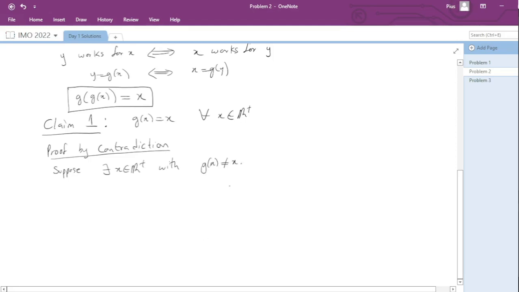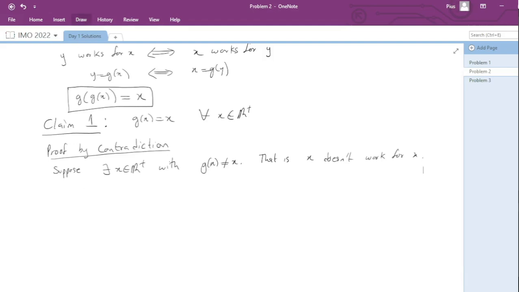Okay, so what this means is that x doesn't work for x, meaning x fails for x. And this means that it doesn't satisfy the inequality we're given. And so since it doesn't satisfy the inequality, we have to go with the reverse of that inequality.